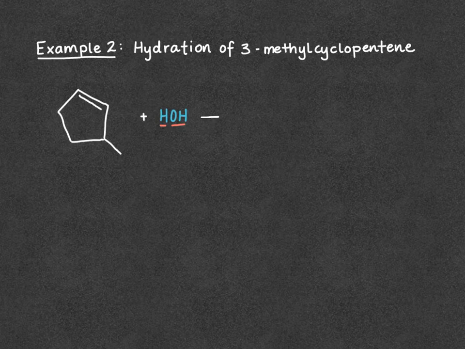Whenever we hydrate an alkene, we always need a strong acid catalyst. So there are 2 possible options for products here. So I'm going to highlight our carbons again. I'm going to highlight one carbon in red and the other carbon in yellow. These carbons are not equivalent. So what that means is that this red carbon is 2 carbons away from a methyl group.